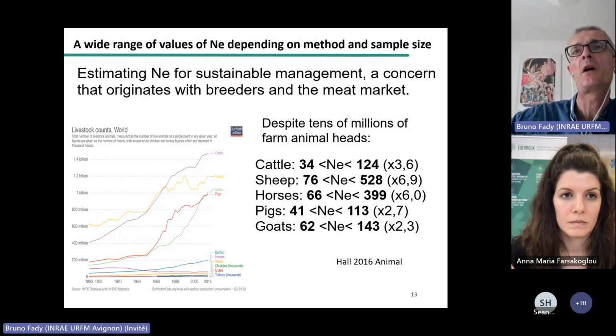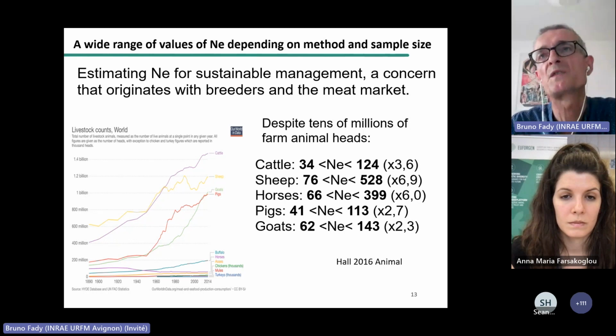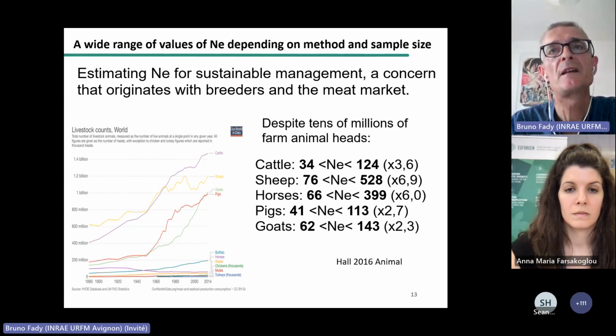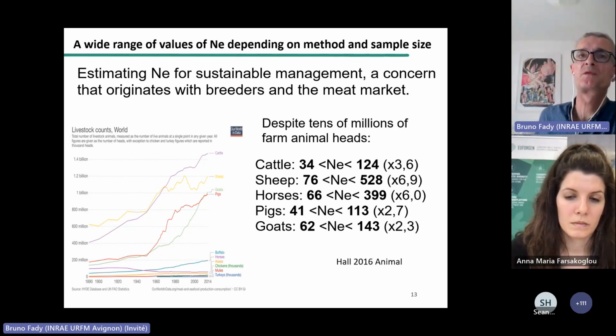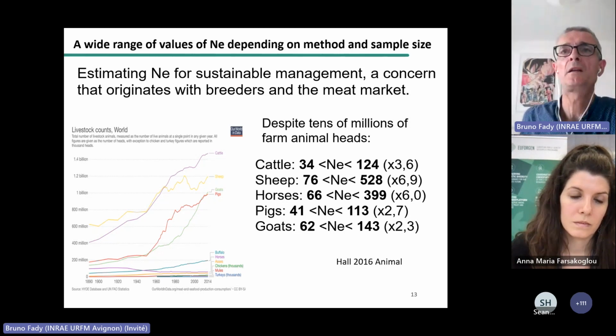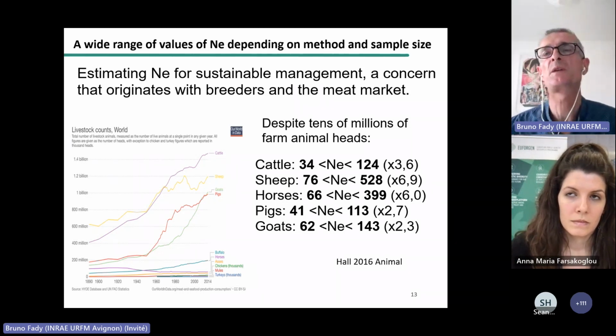It's below 400, 500 for most of them. And that's a concern, of course, for breeders and for the meat market and the dairy market, because eventually you might have problems with your herds and you might lose animals and lose potential for breeding.